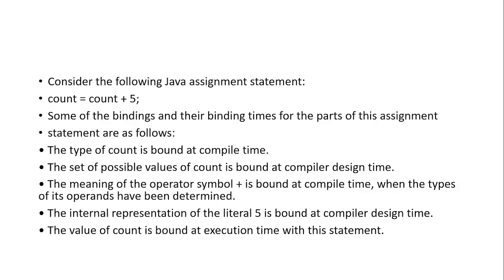When the types of its operands have been determined, for example, if the operands are of type integer, the plus will perform an integer addition. If they are floating point numbers, it will perform floating point addition. If the variables are of type string, it will perform string concatenation.